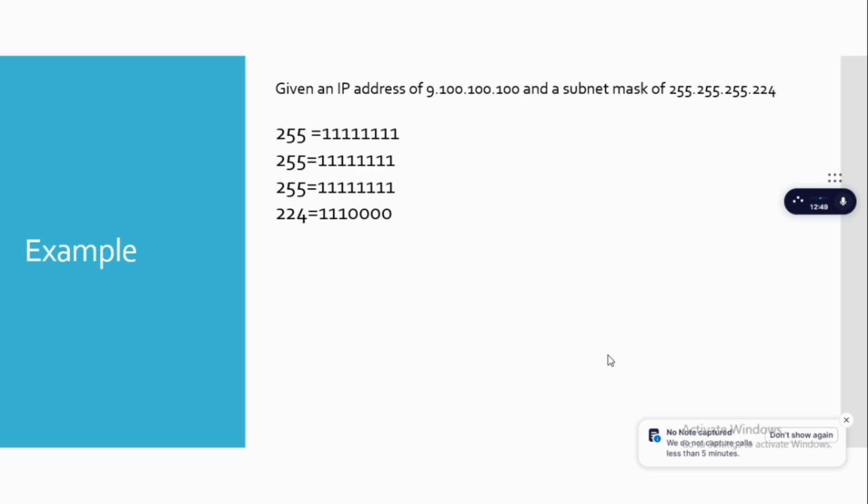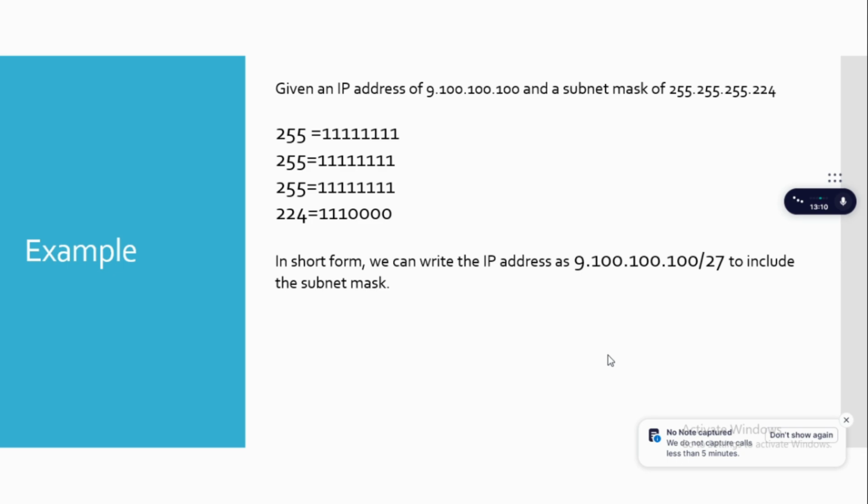So you can clearly see that the first three octets are all ones, 8 ones in binary, and the last octet is 111.00000. This means that in short form, we can write the IP address 9.100.100.100 slash 27, taking into consideration the subnet mask.